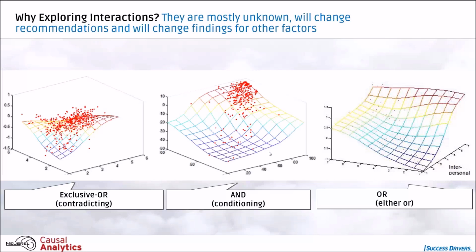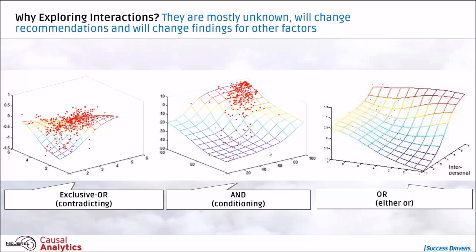And the left is an exclusive OR that basically a certain success factor is positive when another is low, but negative if the other is high. These are the most fundamental interactions.